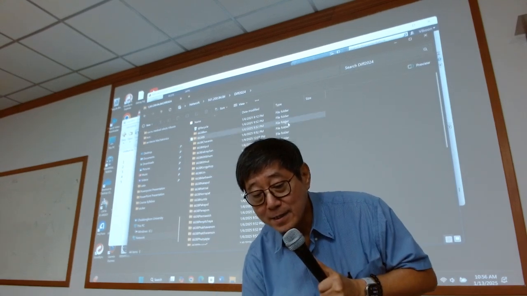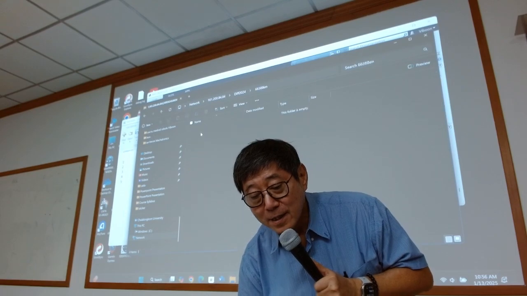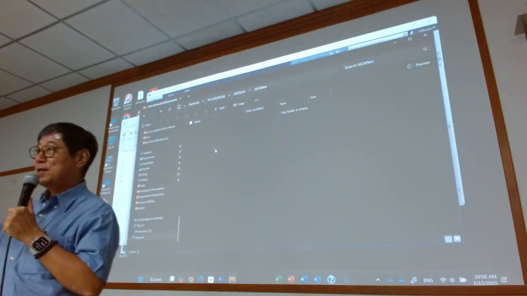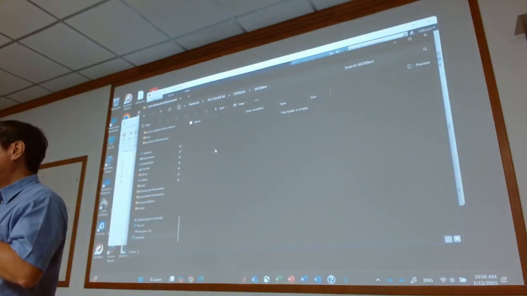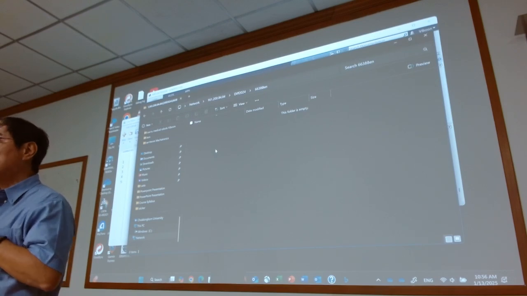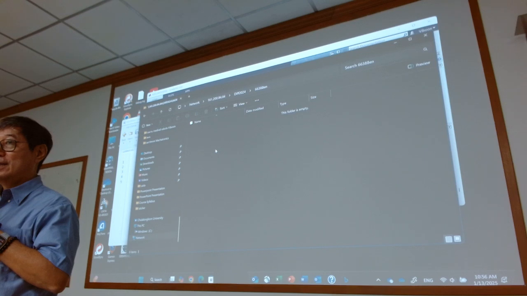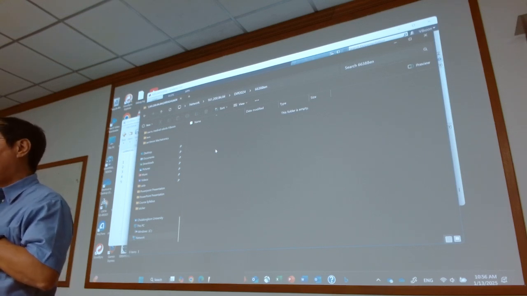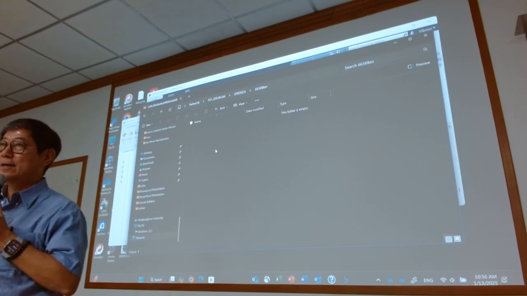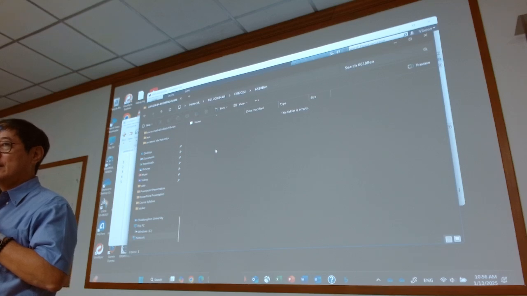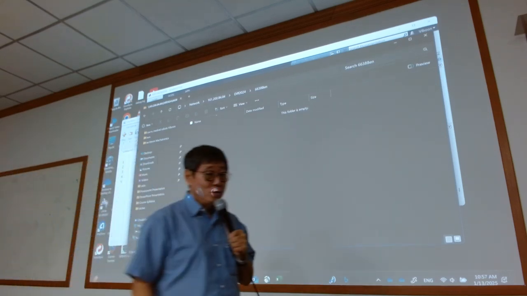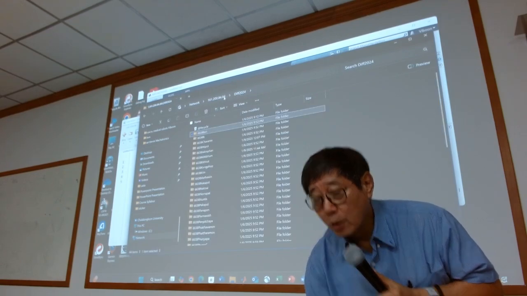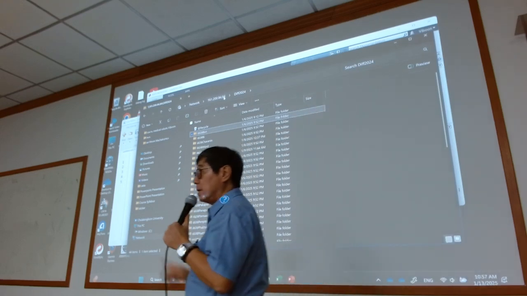When you get in, you see an empty folder, and you just add folders, like workshop 1, assignment 1, 2, 3, 4, 5. And to log in, you have to know the address.